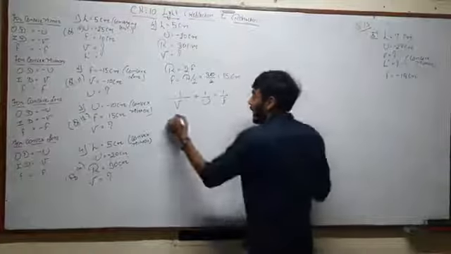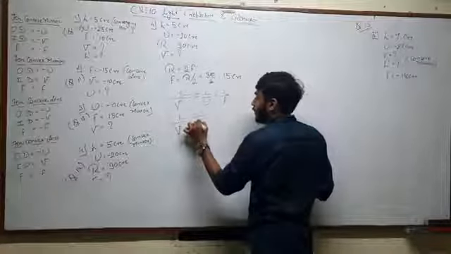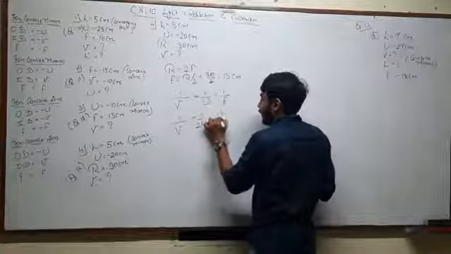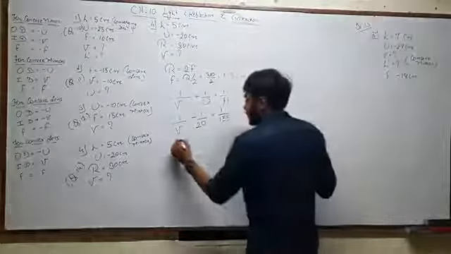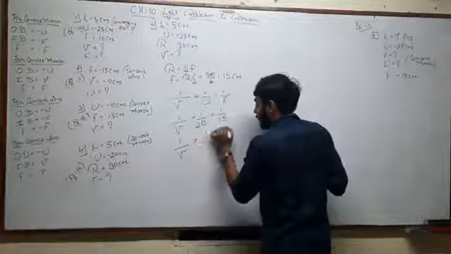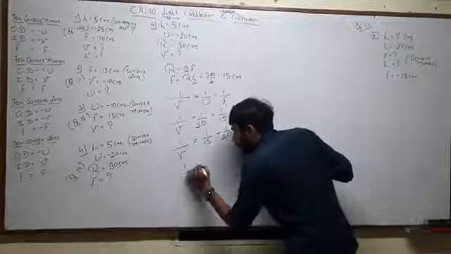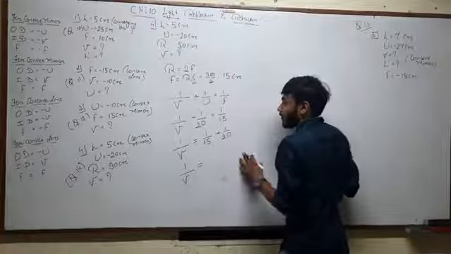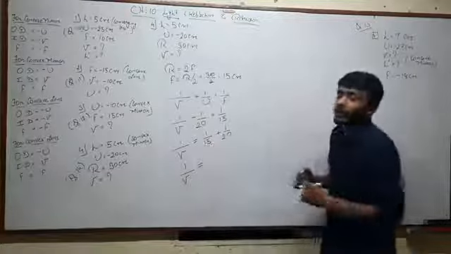Substitute the values. We need 1 upon v. What will be u? Negative, of course. Minus 1 upon 20, 1 upon 15. Shift these things. 1 upon v is equal to 1 upon 15 plus 1 upon 20. So 1 upon v is equal to, what you need to do? LCM. What is the multiple of 15 and 20?